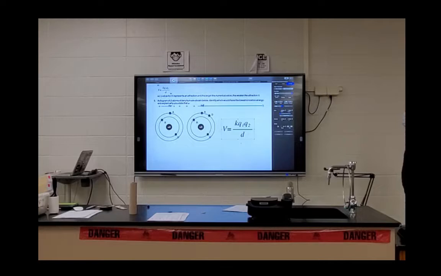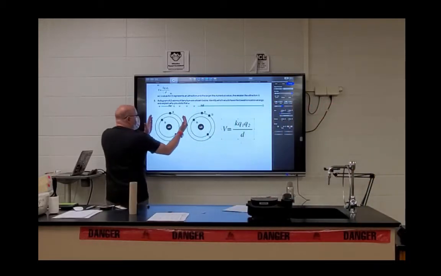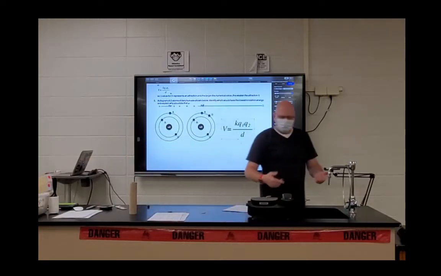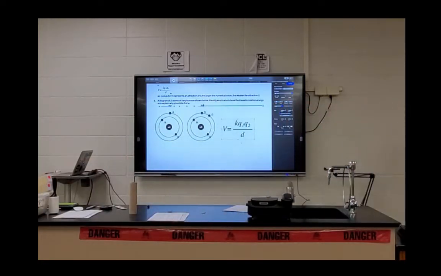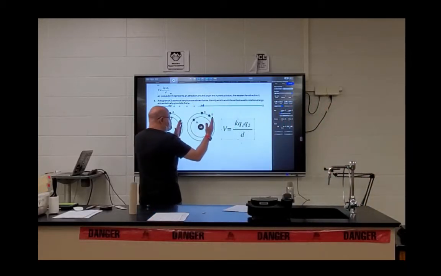Now, diagram, I'm going to read it again. Diagram of two atoms of beryllium are shown below. Identify which has the lowest ionization energy. Let's start off with just this atom right here, beryllium plus. Which one of these electrons would be the easiest to remove? A. Okay, now come over here to this.